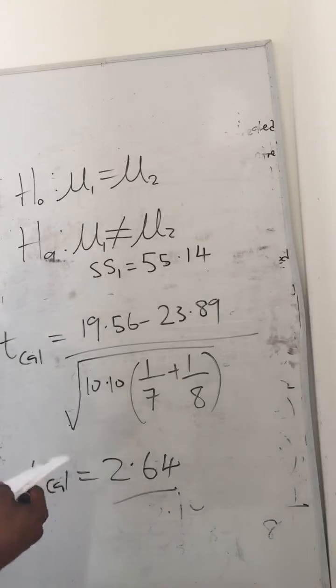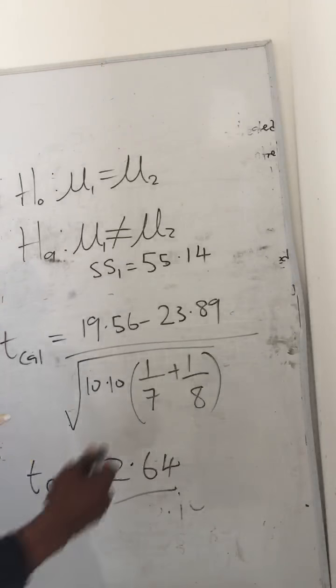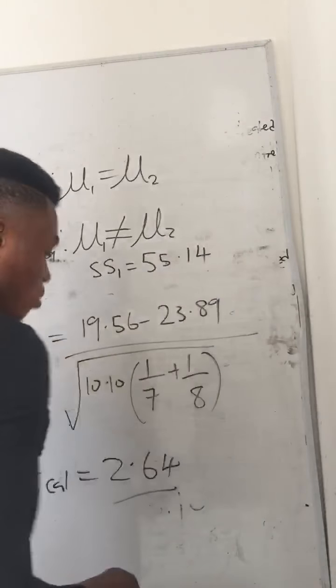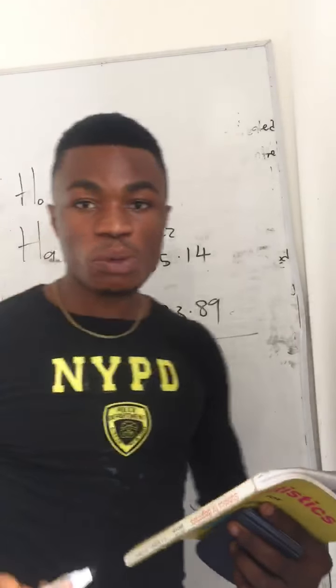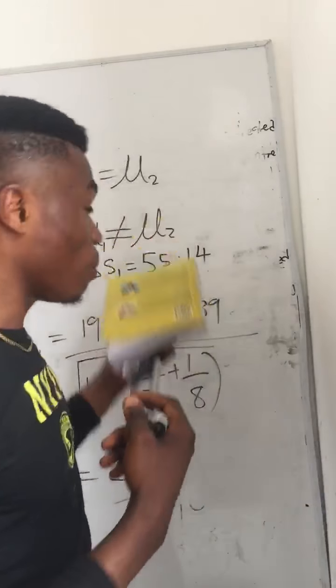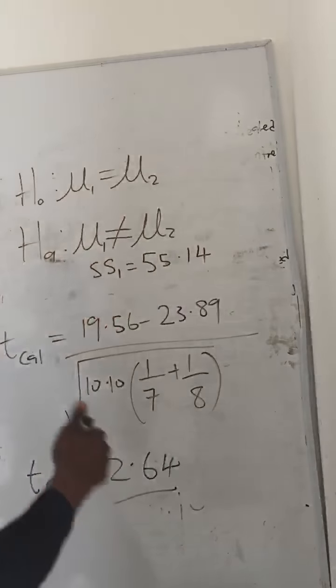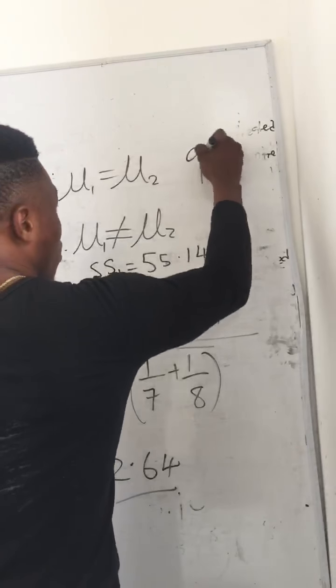Now remember, again, we go to critical. For this question also, the confidence: problems that you'll be meeting, the confidence will be given. But if the confidence is not given and it is an agricultural problem, then you can use 95% confidence. So here we are working at 95% confidence.